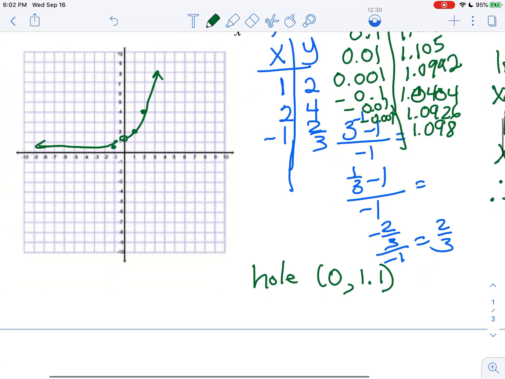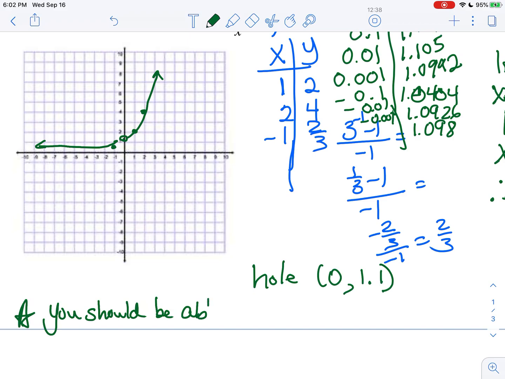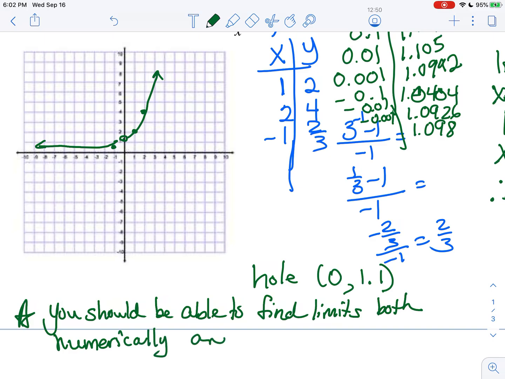So kind of your big idea here with limits is you should be able to find limits both numerically and graphically.